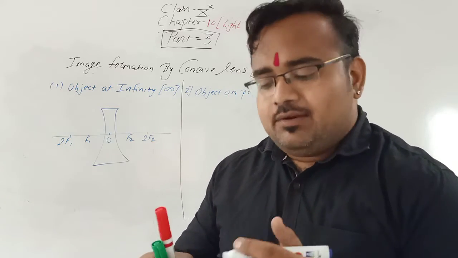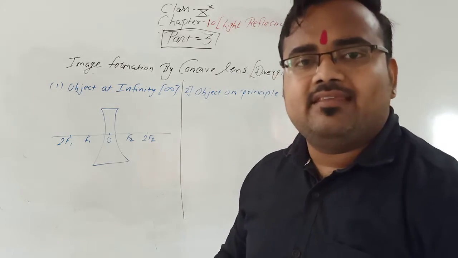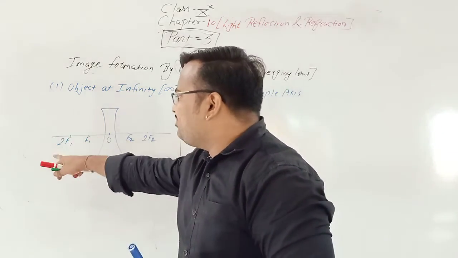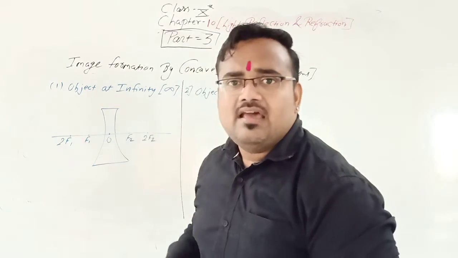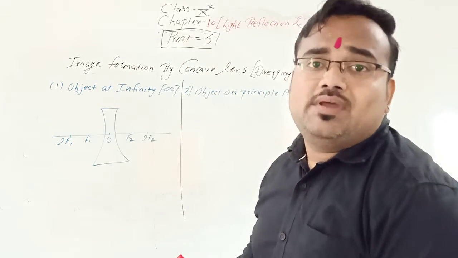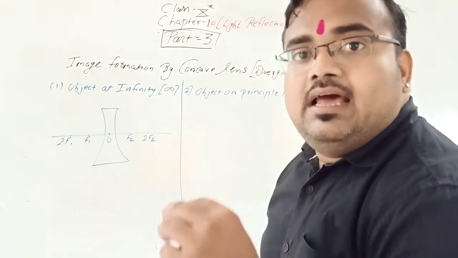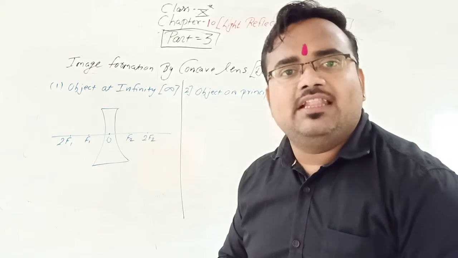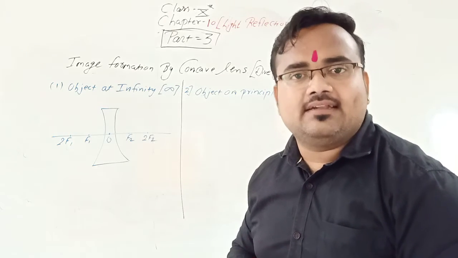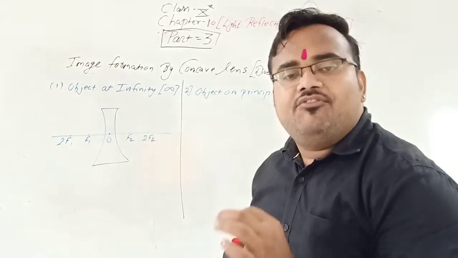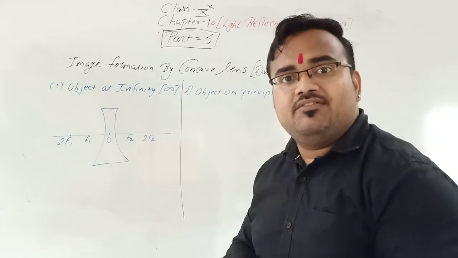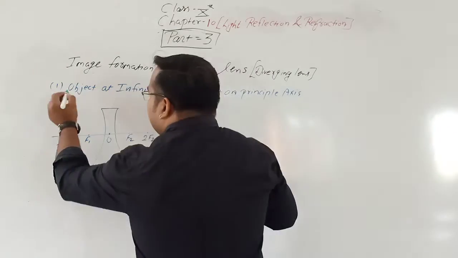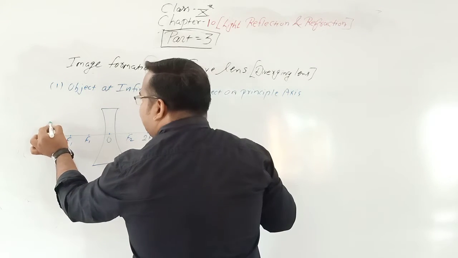That means the incident rays are coming parallel to the principal axis from above and below the principal axis. Remember, in the case of infinity, we are not taking the object.